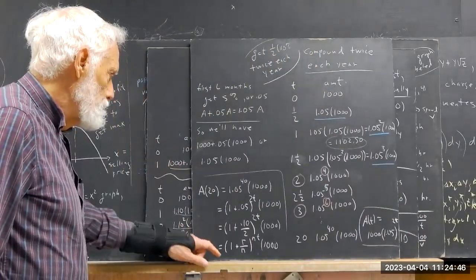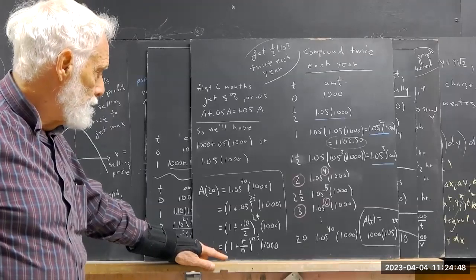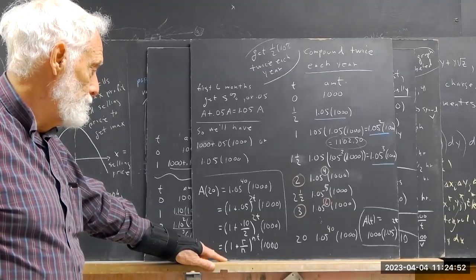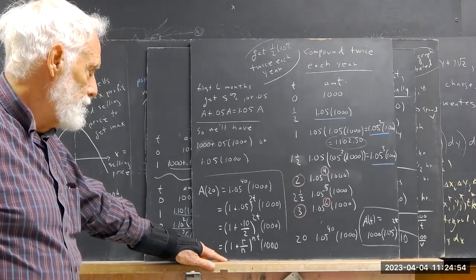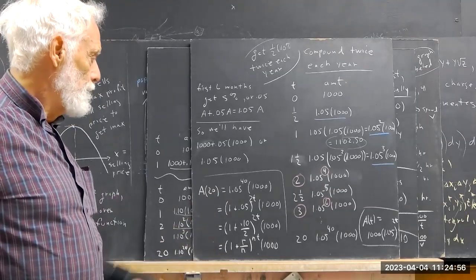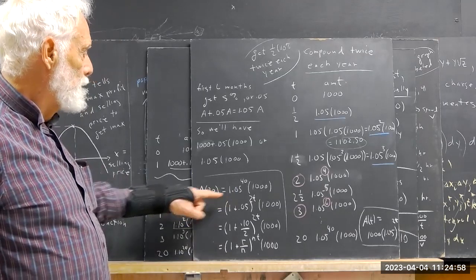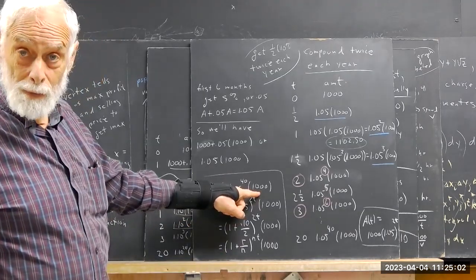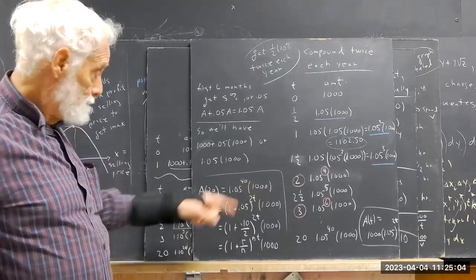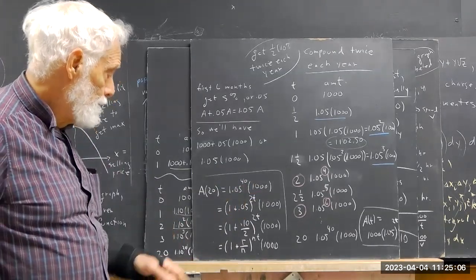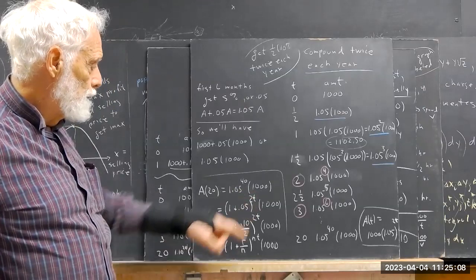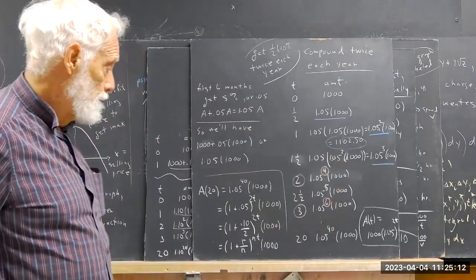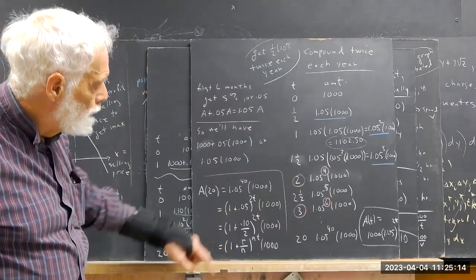Well, your general expression for the amount after n years, if we look at what we've got here, A of 20 is 1.05 to the 40th times 1,000. Hopefully we understand that. And that's 1 plus 0.05 to the 2t, which of course is 1.05 to the 2t, but I want to see what our formula looks like.